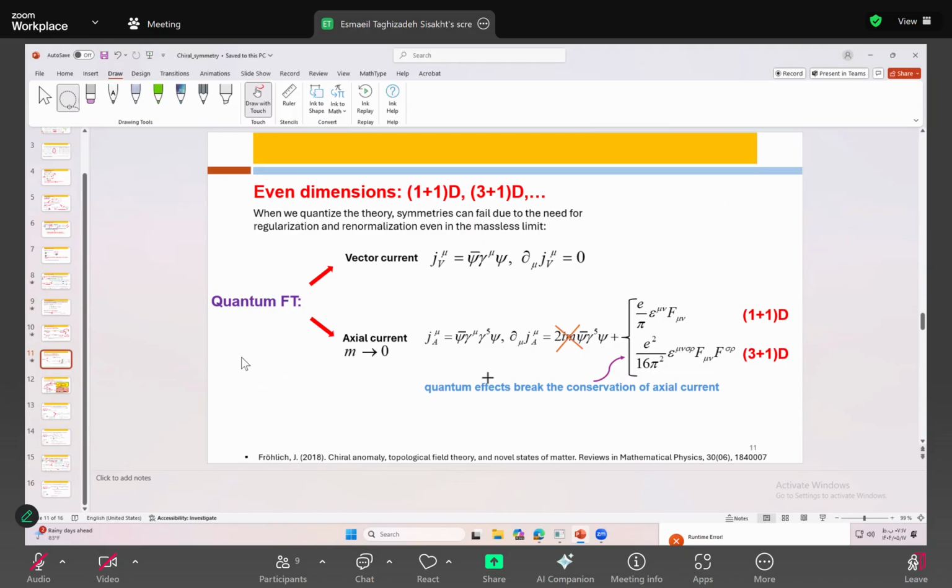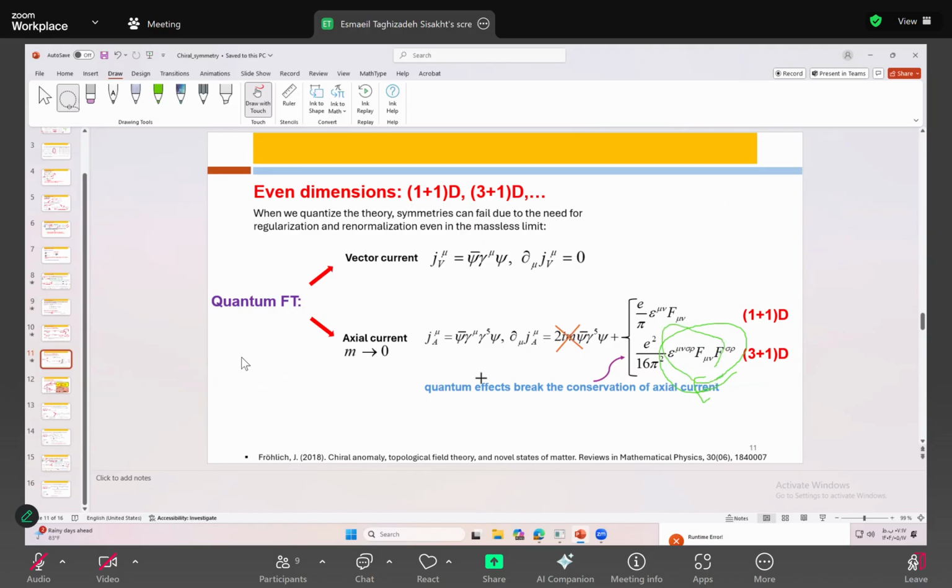So this anomalous way of breaking is E dot B. Let's say when the electric field and the magnetic field are in the same direction, E dot B, it is kind of something strange, but in the quantum field theory context, why does this appear, why is it called the anomalous way?